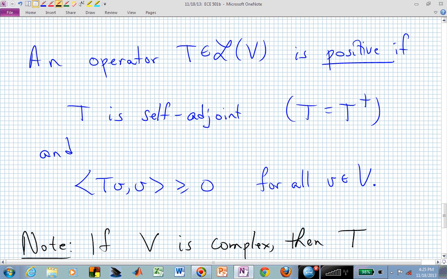If we're operating on a complex vector space, then really all we need to show is that <Tv, v> is non-negative. Then we have T being positive.